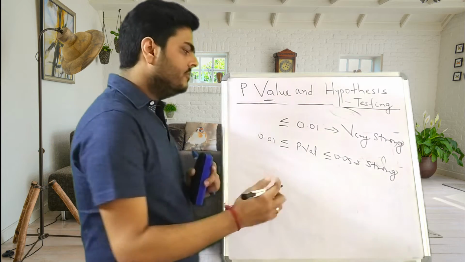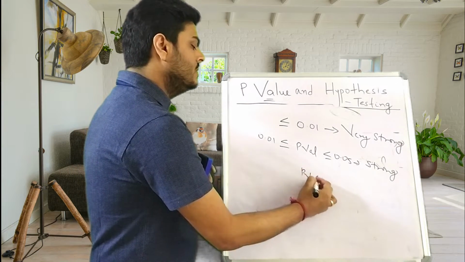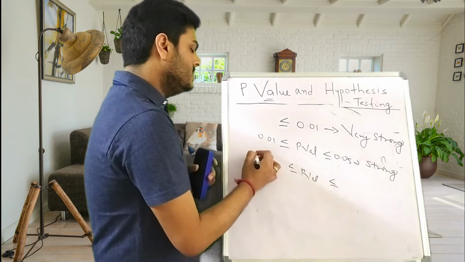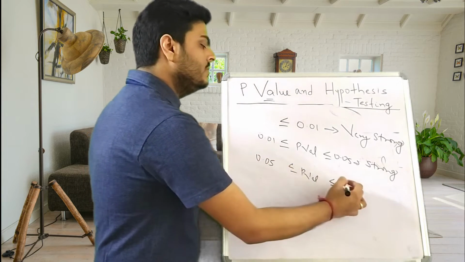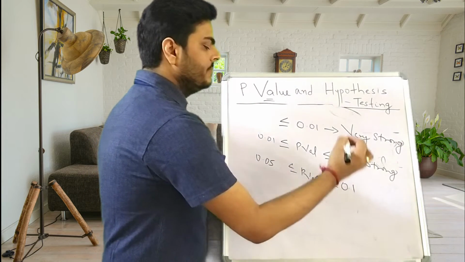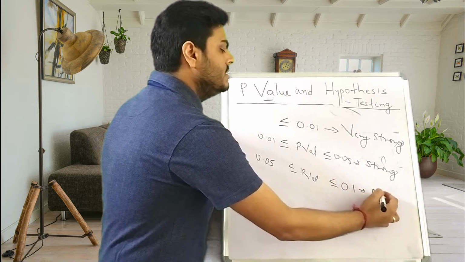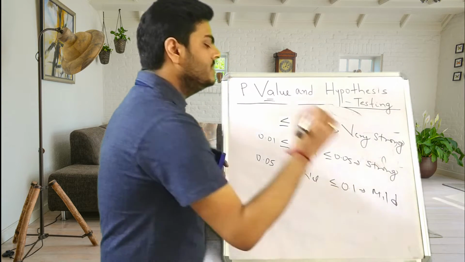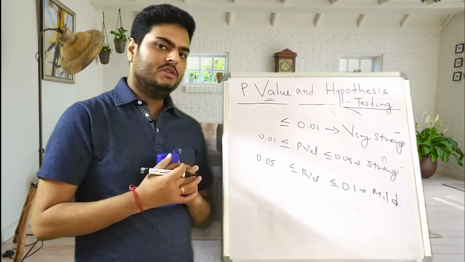If this range expands further, for example if your p-value is in the range of 0.05 to 0.1, then you can say mild evidence against the null hypothesis.